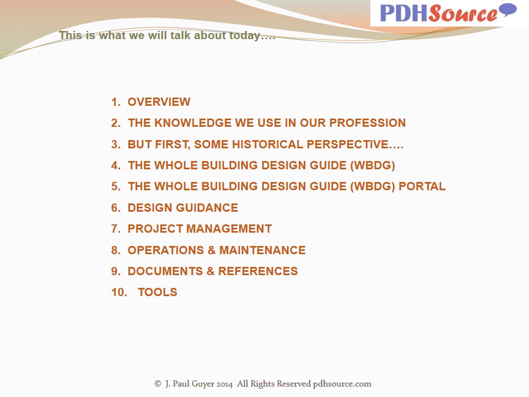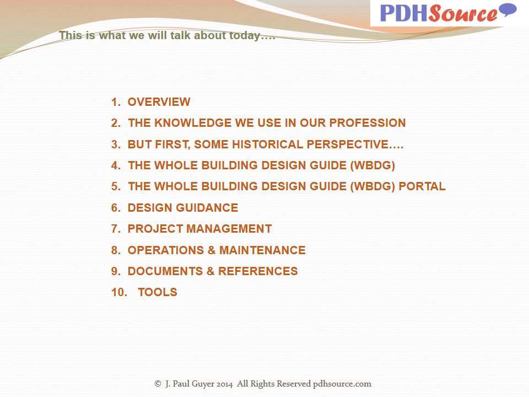This is how I'll be chopping up the information, sort of the chapters in the book, you might say. Some overview comments, then a little background discussion about the knowledge we use in our engineering profession. Third, some historical perspective I think will be helpful in establishing the credibility of what I'm going to be pointing you towards.